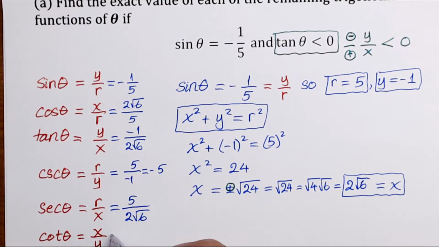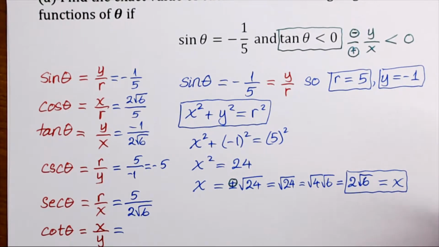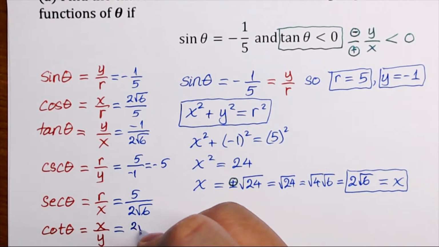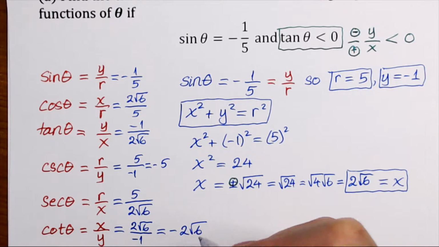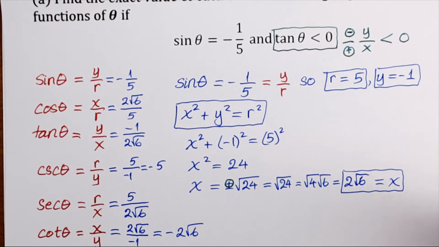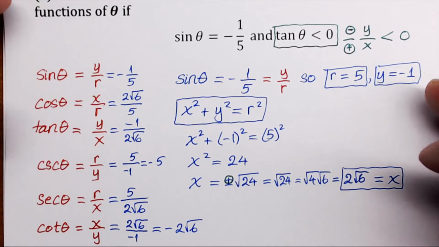We define r to always be positive, so we can let r equal 5 and y equal -1. So we have r equal to 5 and y equal to -1. Right? And after that we can find x.